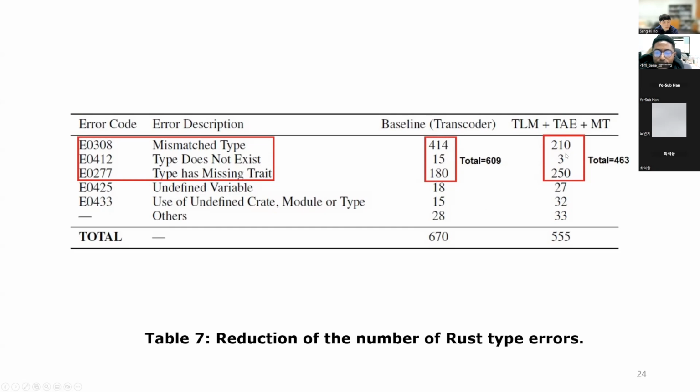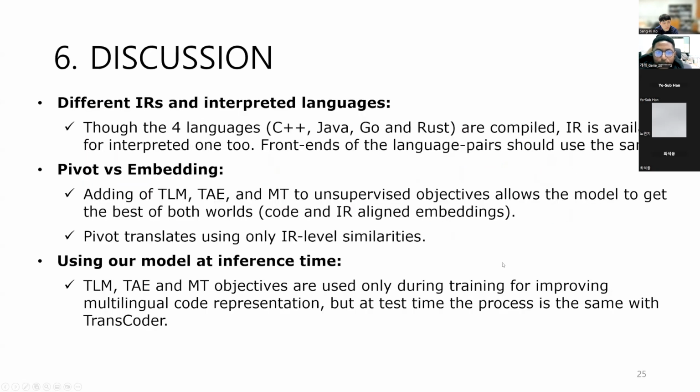So the current model, TransCoder-IR, has minimized it to 463. When we see the overall demonstration of this model, it considers C++, Java, Go, and Rust programming languages.